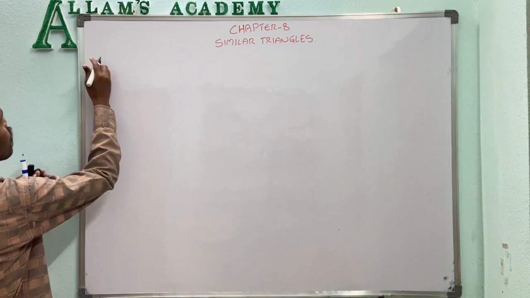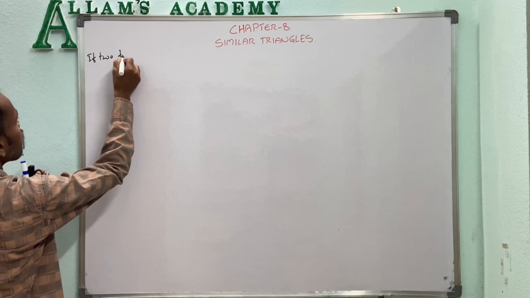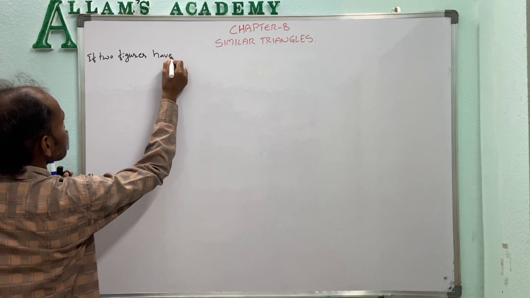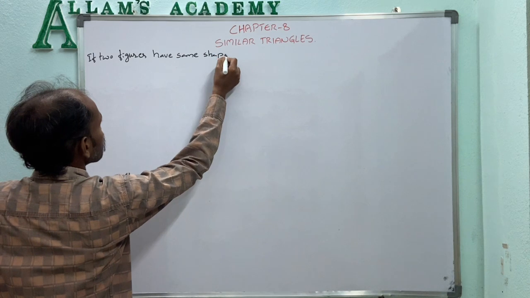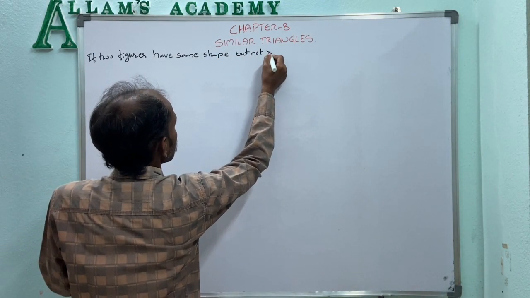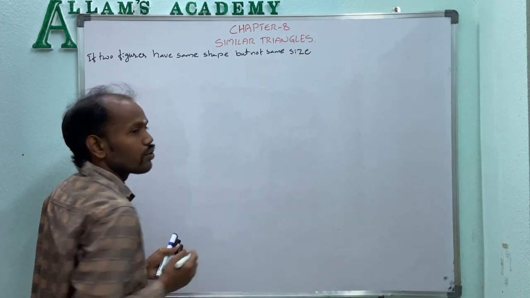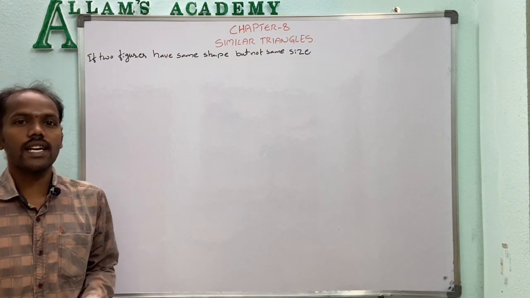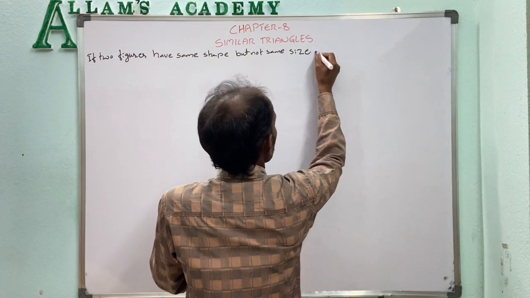If two figures have the same shape but not the same size, then that is called similarity.